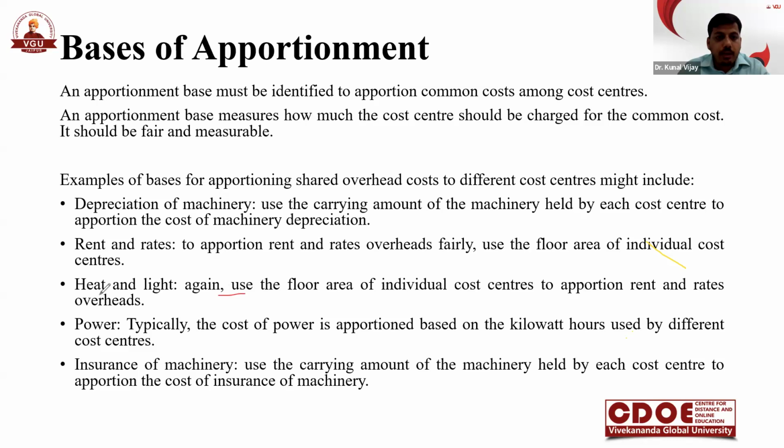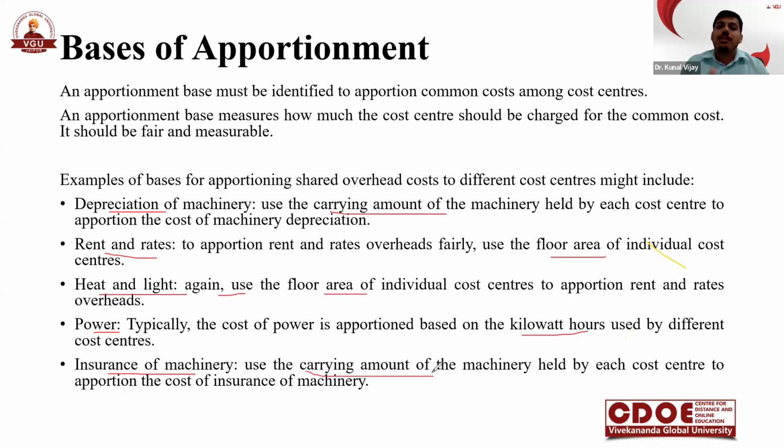So for heat and light, floor area, for rental rates, floor area, for depreciation, carrying amount of the machine which is used. Okay. And after that, if power is there, then cost of power is apportioned based on kilowatt hours. If insurance of machinery is there, then use the carrying amount of machinery held by each cost center.